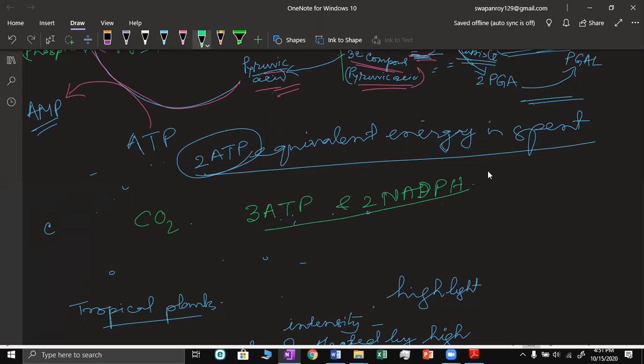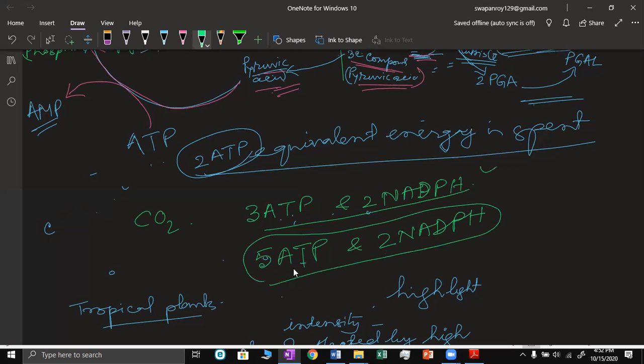That was the requirement. But here, plus 2 ATP, it requires 5 ATP and 2 NADPH. So expenditure here is more.